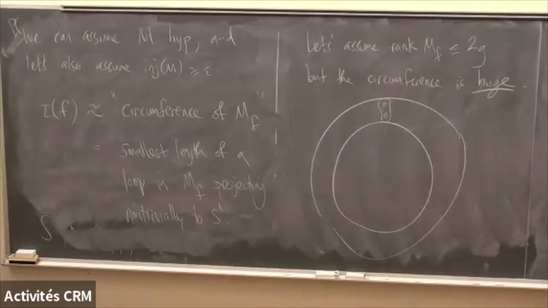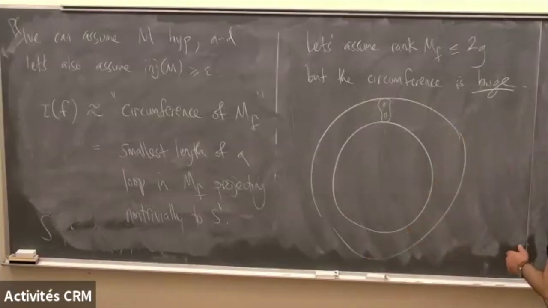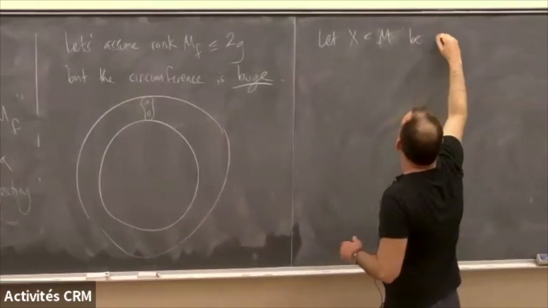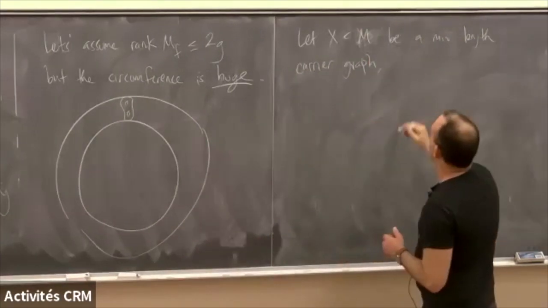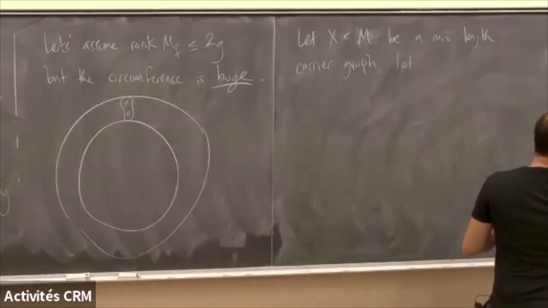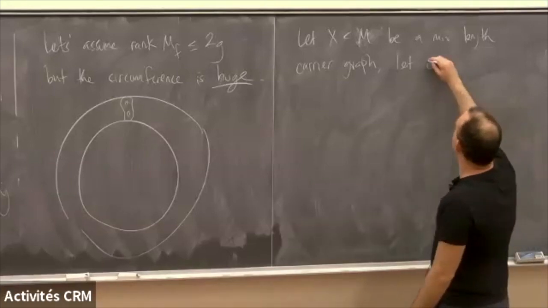Well, we want to take a minimal length carrier graph. So let X be a minimal length carrier graph. And we're going to pick our chain of subgraphs from the proposition over here.